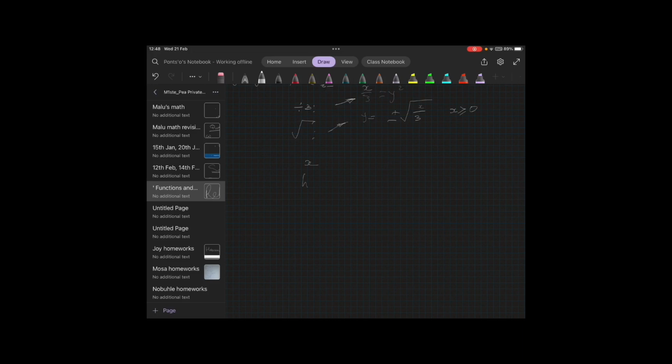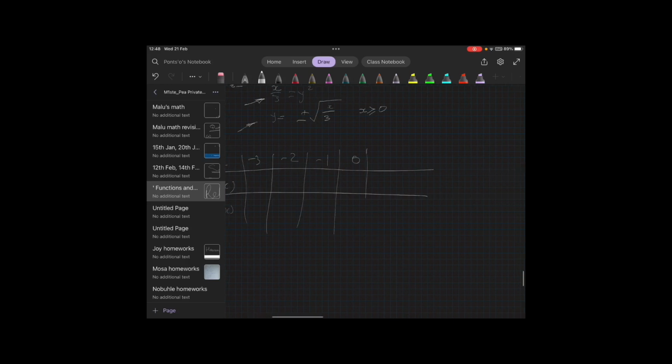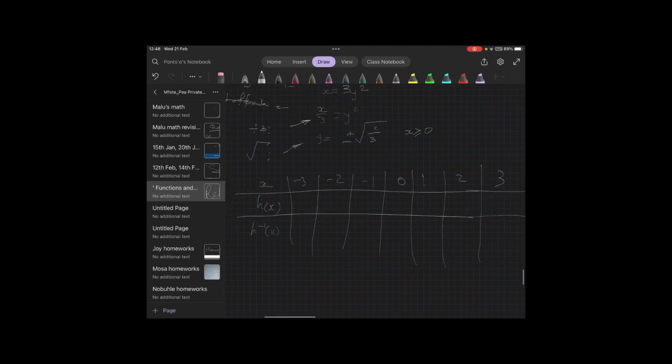Right, so we can plot this x, h of x, h inverse of x. Just a simple plot. -3, -2, -1, 0, 1, 2, and 3. So it's 3x squared, right? When x is -3, what's y for h of x?